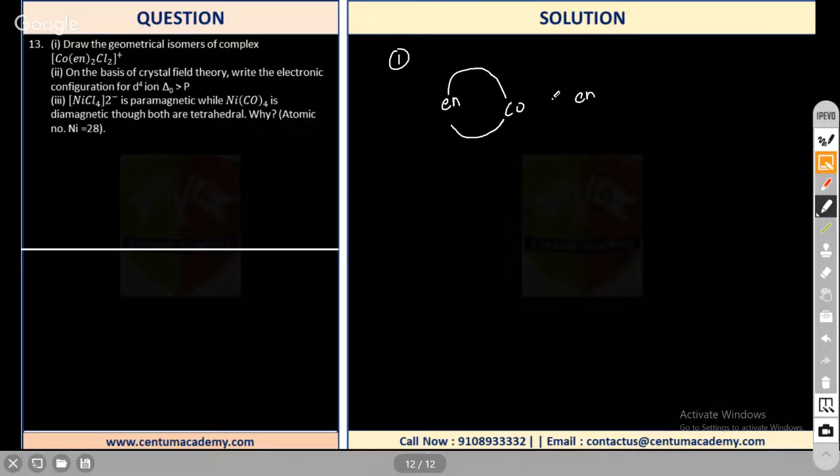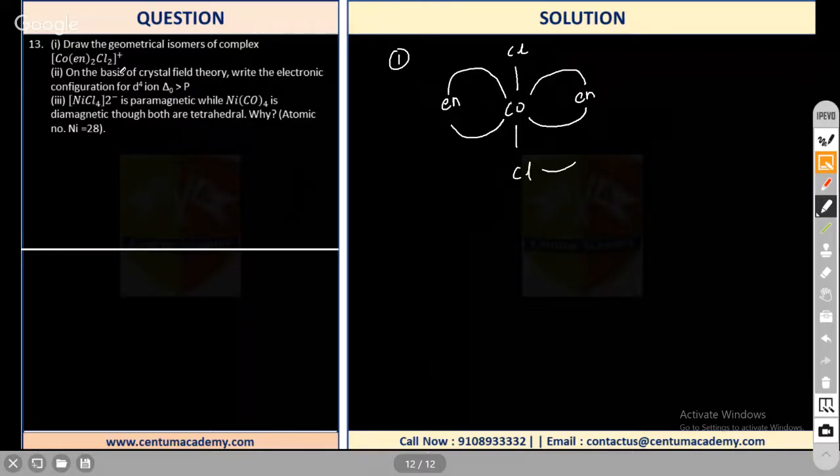En is a bidentate ligand, so we can draw the structure like this, and then one chlorine will be here, another chlorine will be here. If you have drawn it, fine. One structure will be this, and in another both chlorines will be here and one en group will be here, like this. So those are the two, cis and trans isomers, possible.